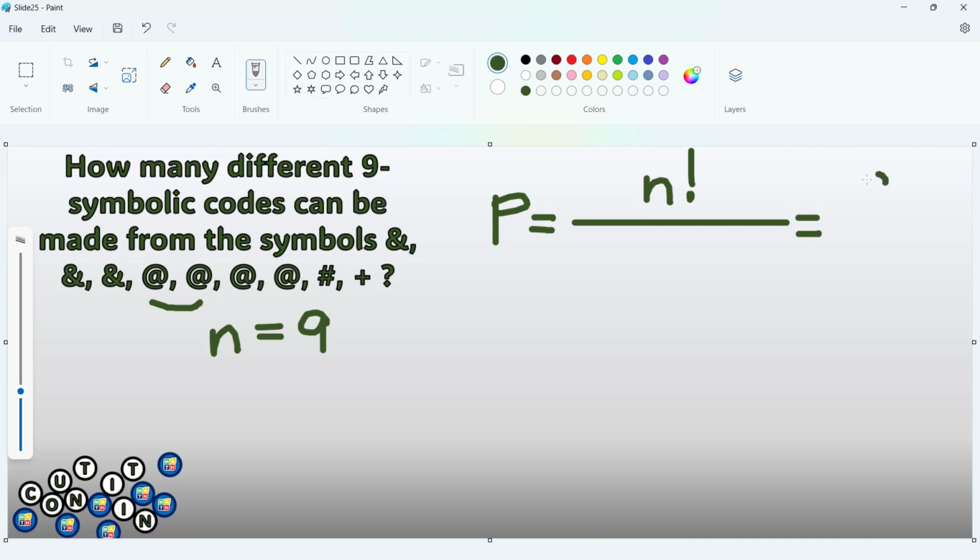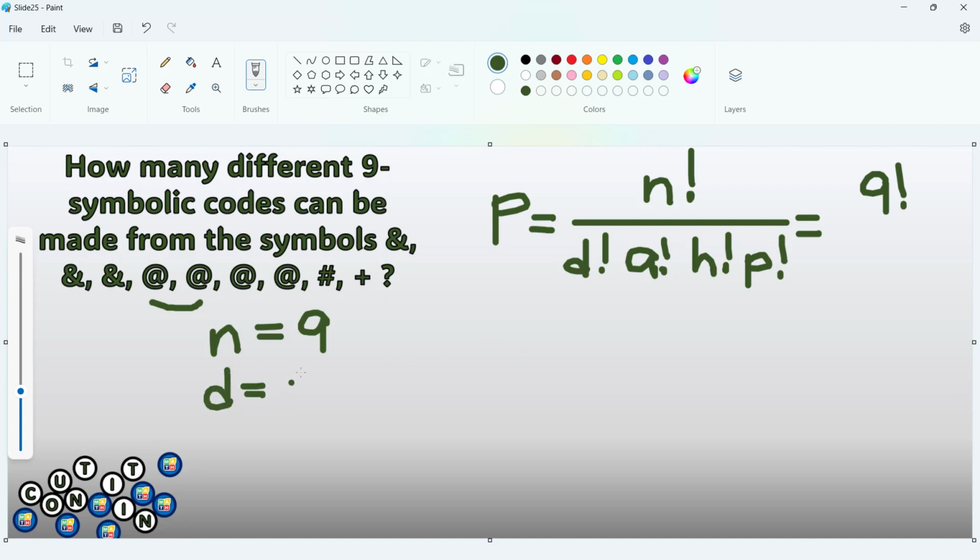We have 9 factorial. However, our denominator will talk about, let's say, d factorial for ampersands, a factorial for @, h factorial for the hashtag, and p factorial for your plus sign. So let's just use d for ampersand.